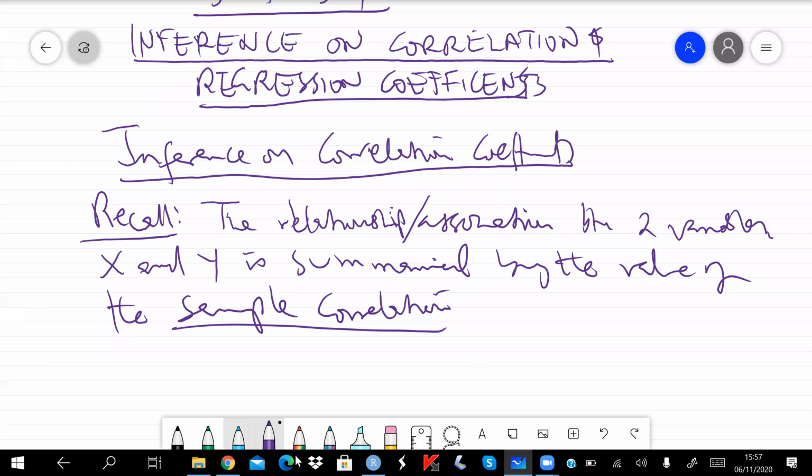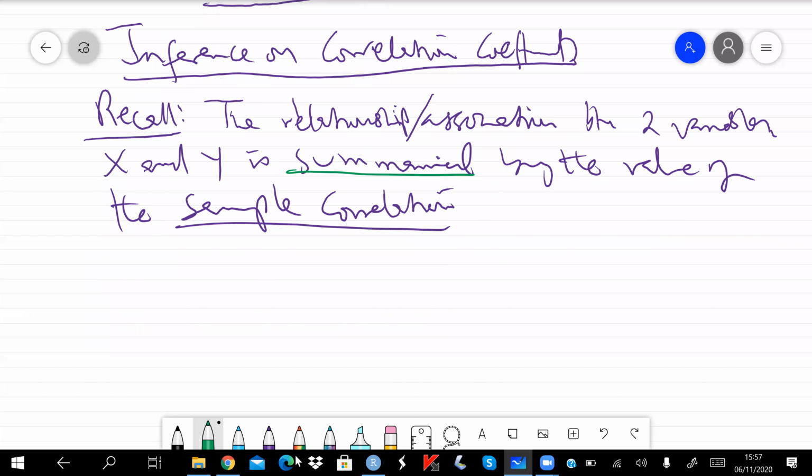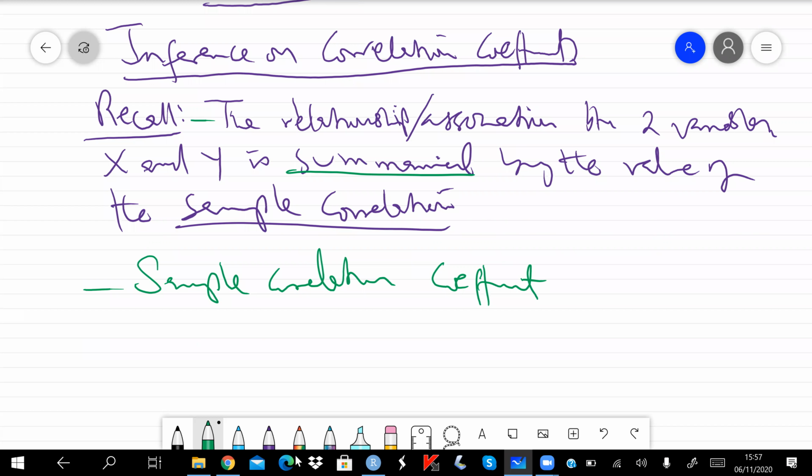So we're just talking about the descriptive. The descriptive value is the sample correlation coefficient. Sorry, here I should have said sample correlation coefficient.